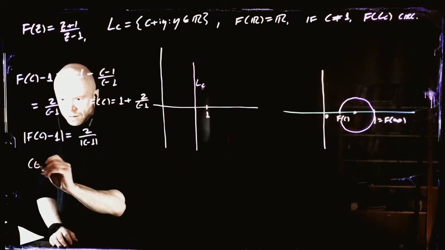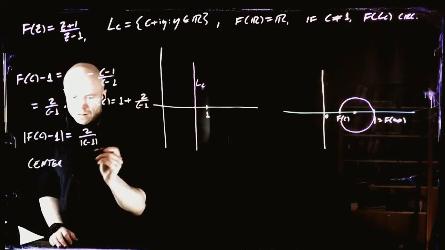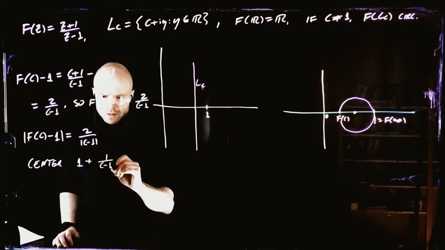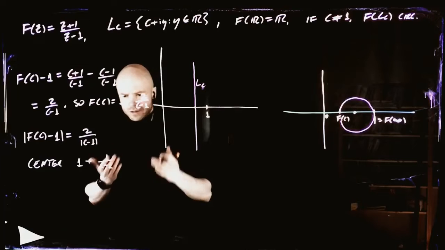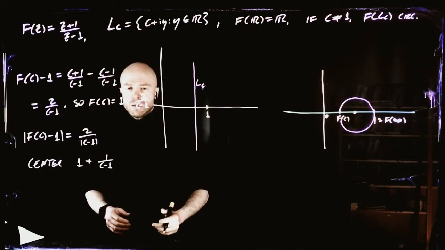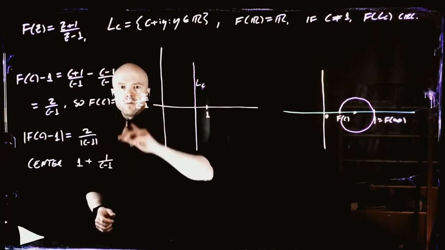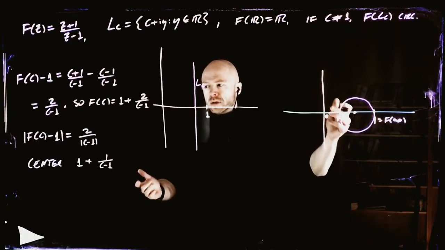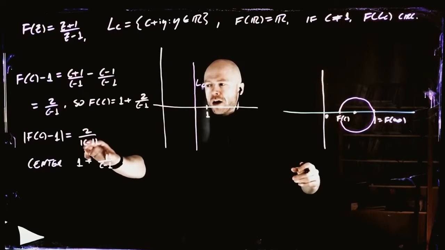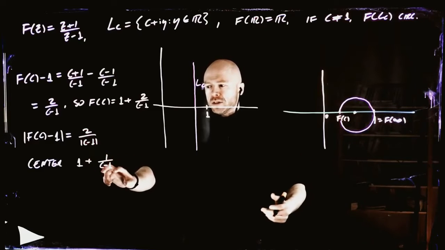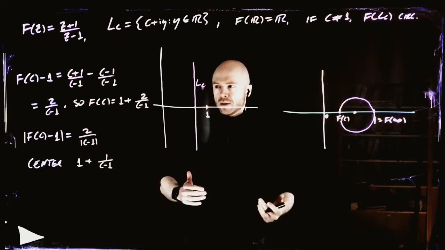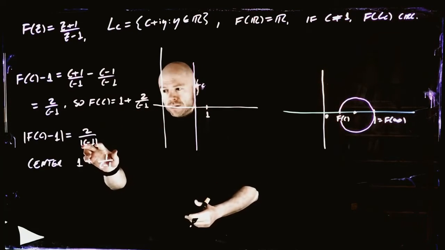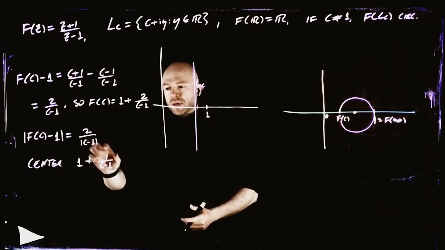So the center will be 1 plus 1 over c minus 1. Because if c is less than 1, then from this calculation we know that f of c is to the left of 1, and we are moving by half of this quantity to the left of 1, which is exactly this, right? And if c is bigger than 1, then we are to the right of 1, so we are moving half of this thing, yeah? And it's still this expression.